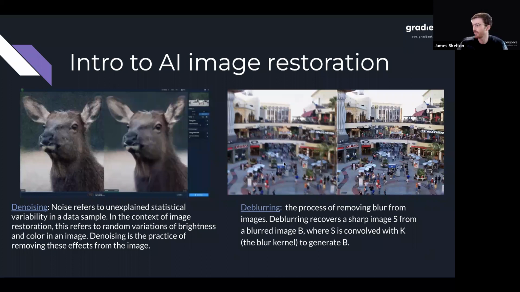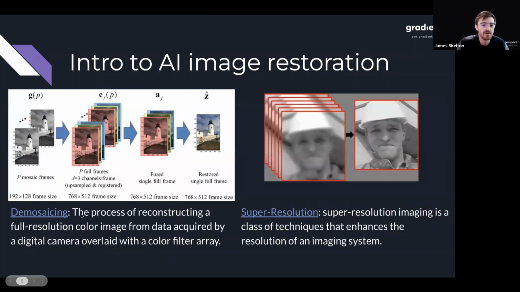Deblurring removes the potential effects that could actually be caused by the person taking the picture, most likely. Demosaicing allows you to get a full understanding of the color inputted to the image, and super resolution actually upscales the resolution. So when you put them all together, you get a very effective picture of how image restoration can be done.